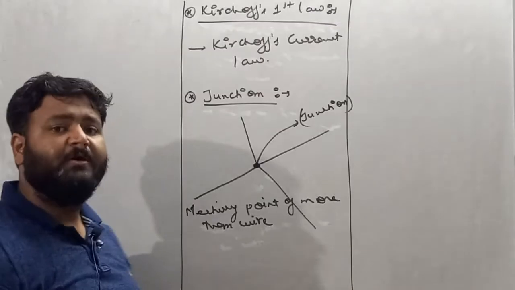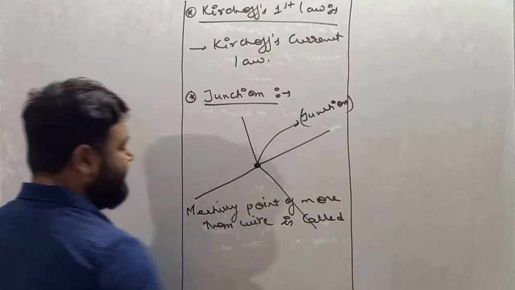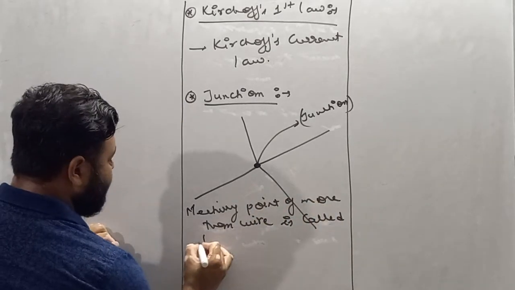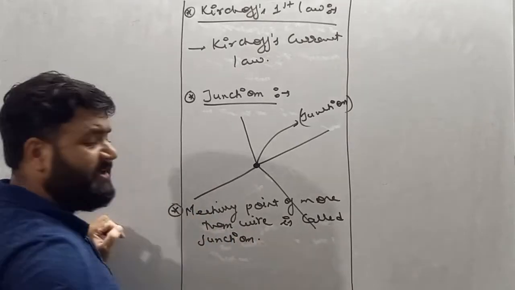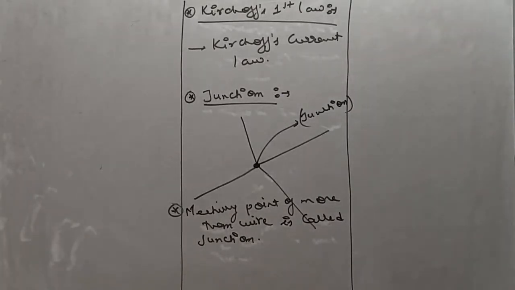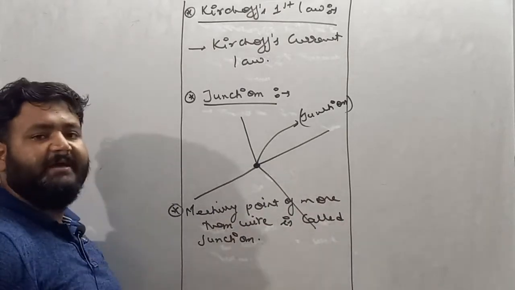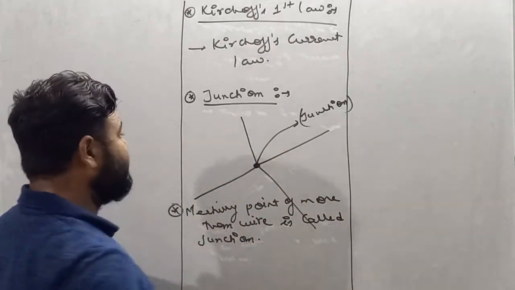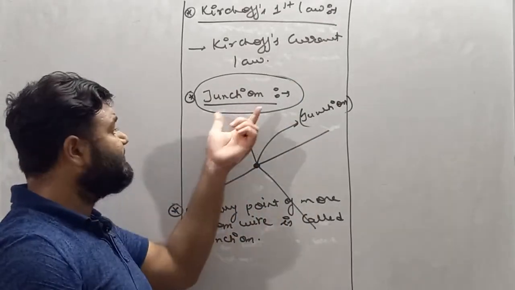Remember this: if there is a point at which more than one wire is meeting, that point is said to be a junction. Junction is nothing but the meeting point of more than one wire. So this first law is also called the junction law.